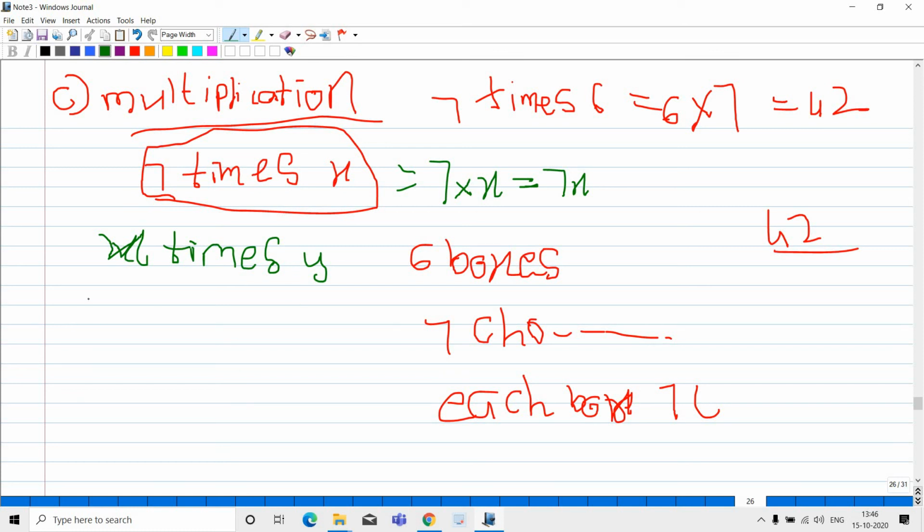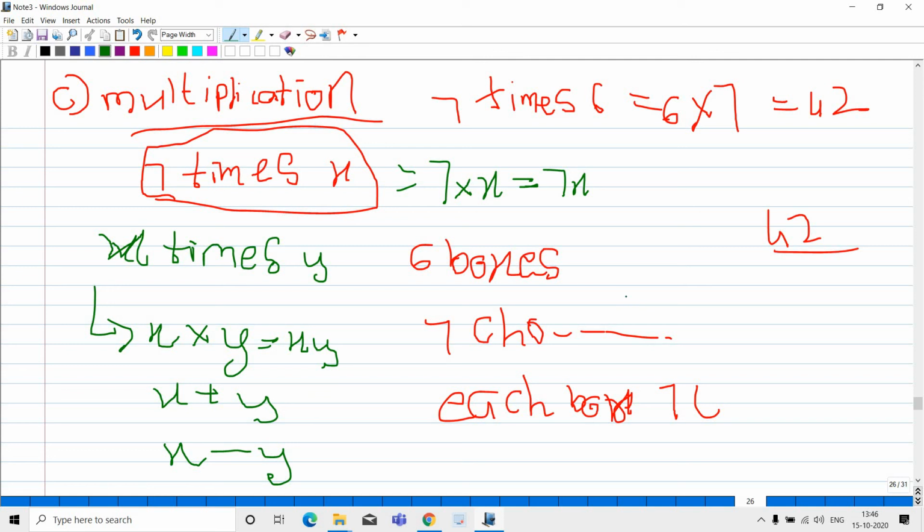Then x into y equals xy. In addition also, x plus y, x minus y. So like this we can do. Without a constant number there is no problem, but there should definitely be a variable. Then it can exist as an algebraic expression.